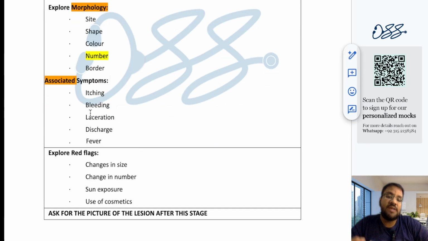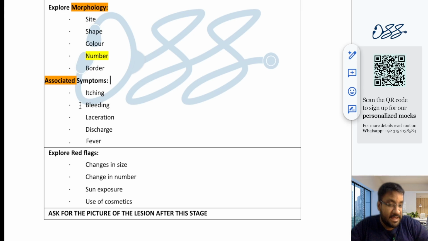Then you move on to the associated symptoms, okay, or also known as the red flags, that may be present in a rash, okay. So the associated symptoms are: number one, itching. By any chance, does it itch? If it's just a mole, it wouldn't itch, okay. If it's an allergic reaction, or if it's an atopic dermatitis, it is going to itch, okay. Then, is it bleeding, okay.